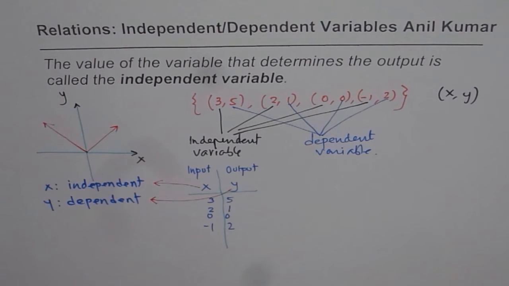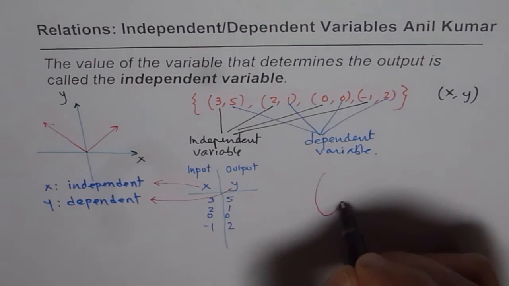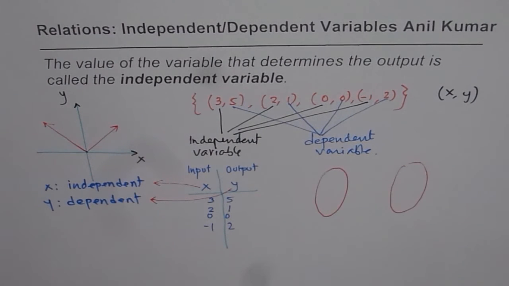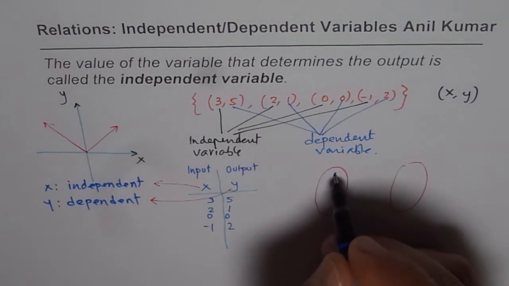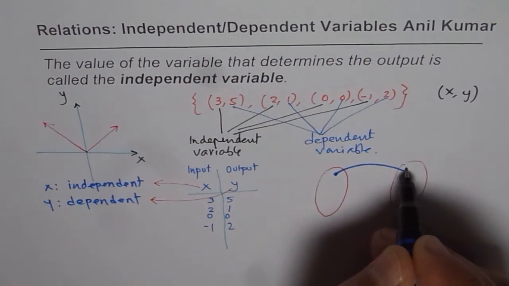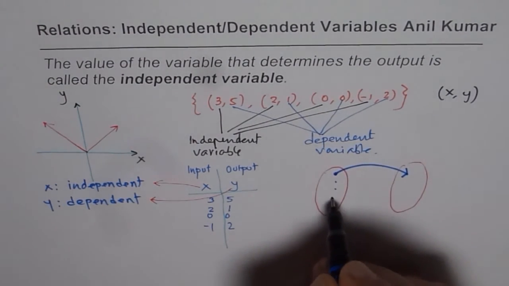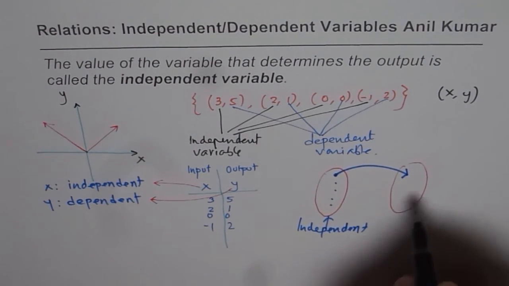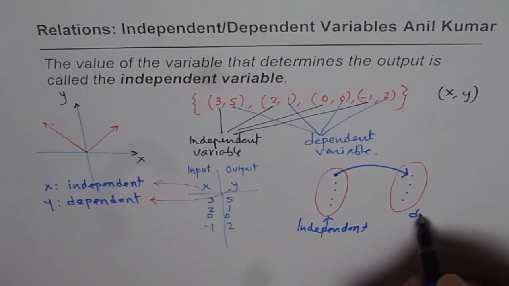Now if a mapping diagram is given to you, then you have to check the arrow. If the arrow originates from here and goes towards this side, in that case these variables are independent and these are dependent.